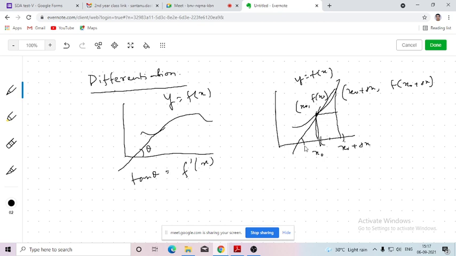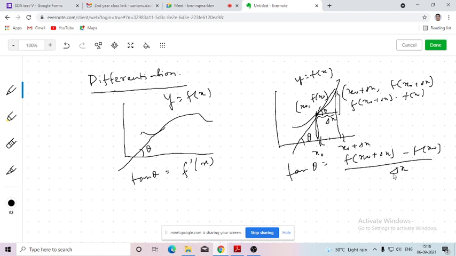If this chord makes an angle theta, then this angle will also be theta. This horizontal difference will be del x, since this is x0 plus del x and this is x0, and the vertical difference will be f(x0 plus del x) minus f(x0). Since the two angles are the same, tan theta equals f(x0 plus del x) minus f(x0) divided by del x.